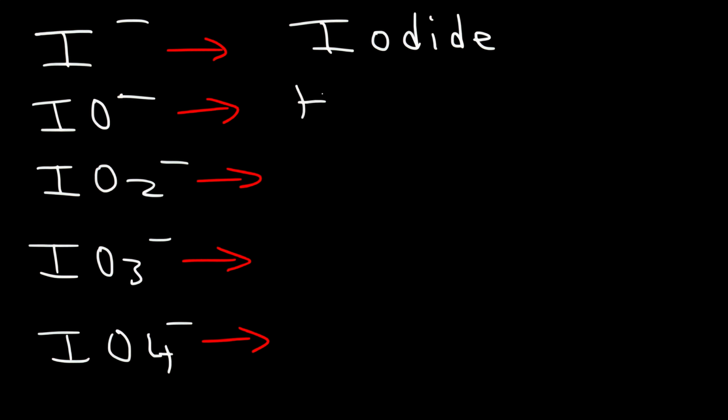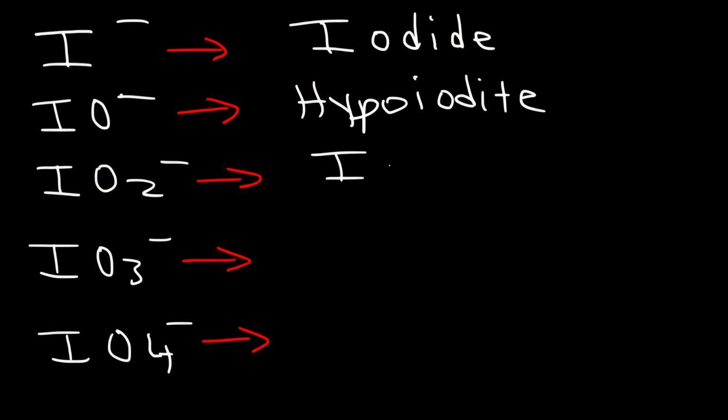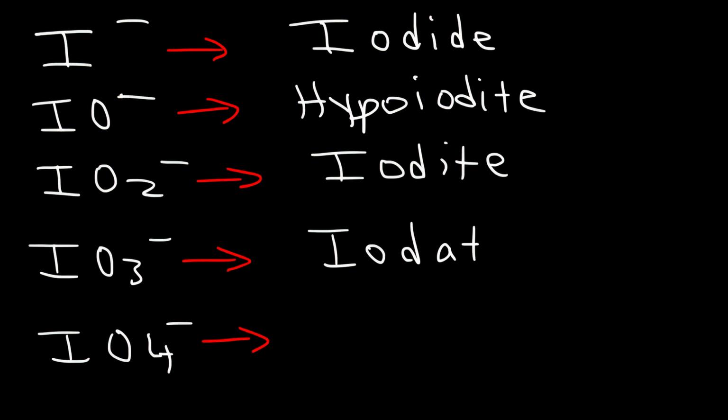The next one is called hypoiodite. Very similar to hypochlorite. And this one is just called iodite. IO3 minus is known as iodate, and IO4 minus is periodate.